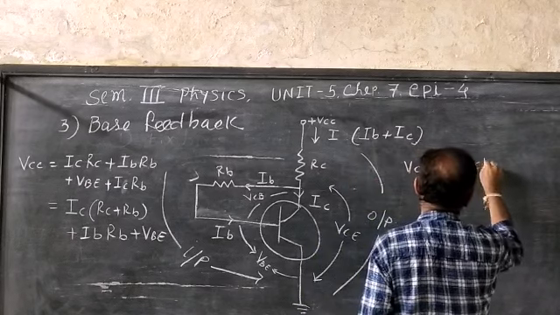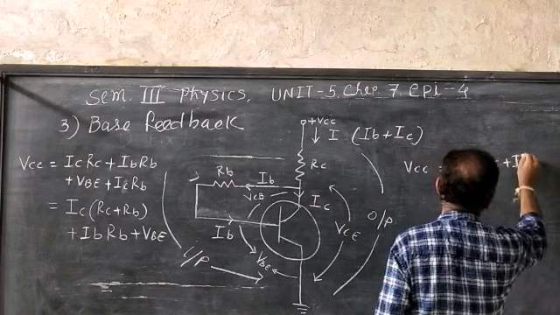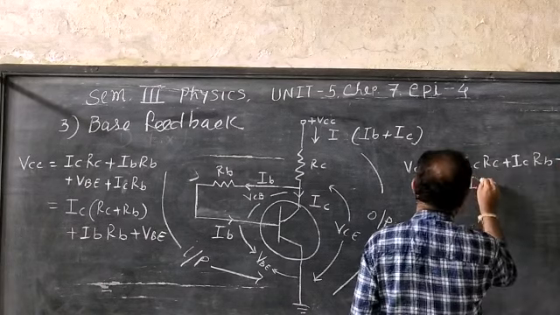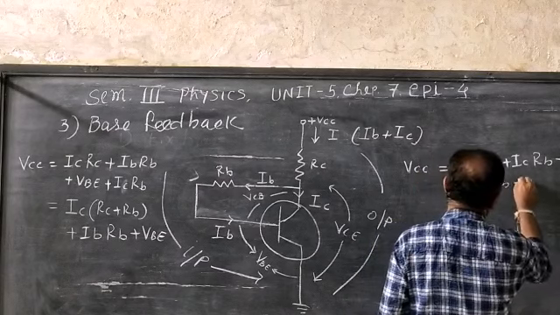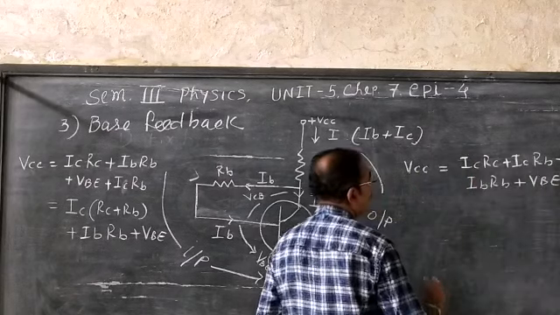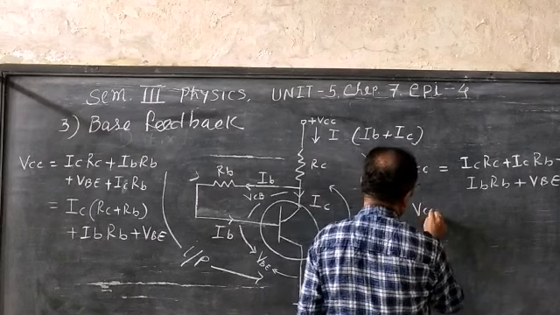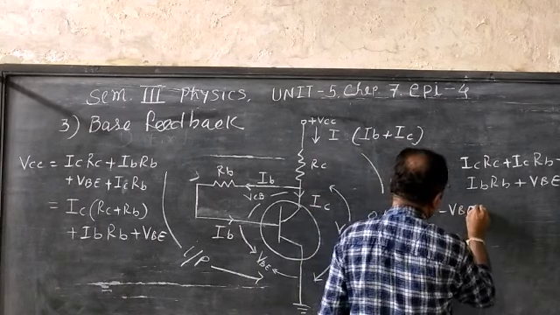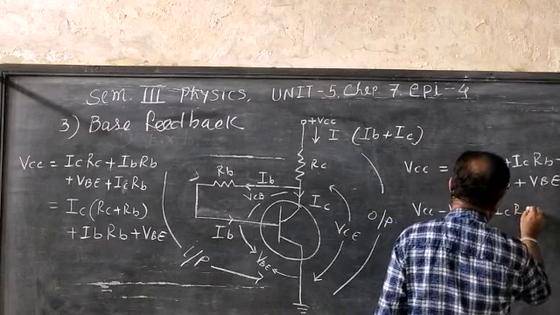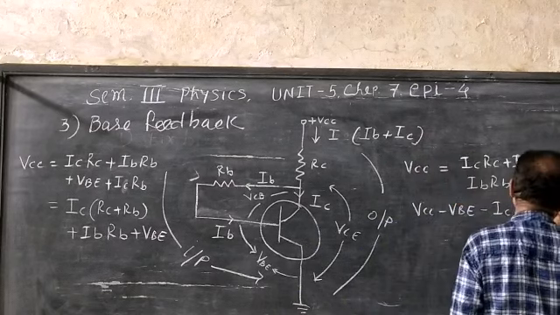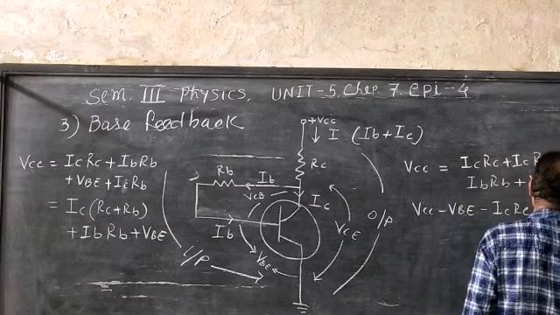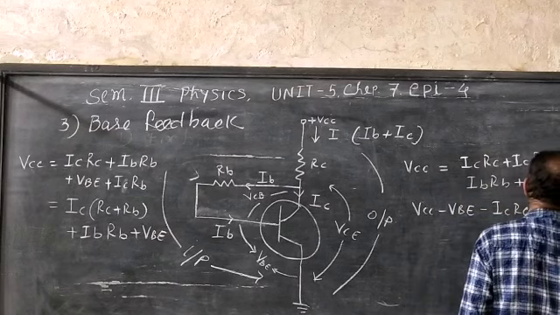IC RB plus IB RB plus VBE. Now what will happen? VCC minus VBE minus IC RC is equal to IB into bracket RB plus RC.